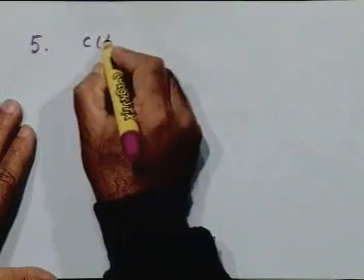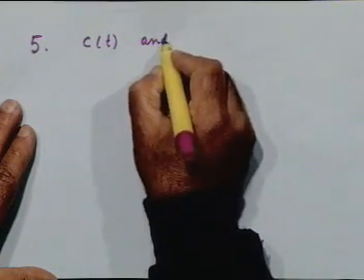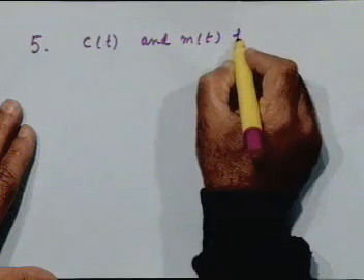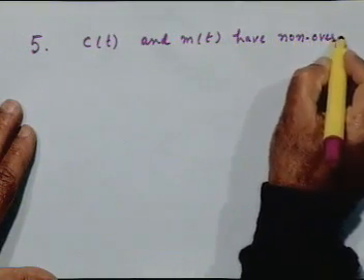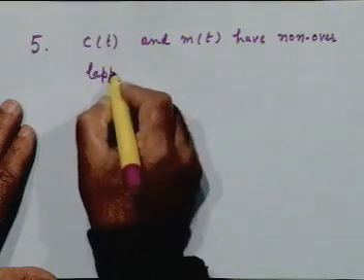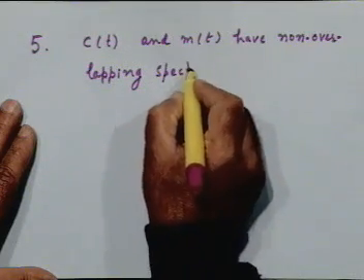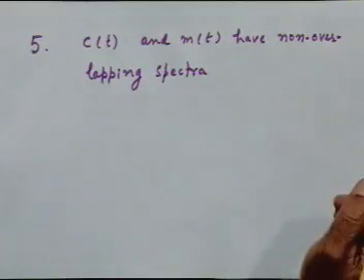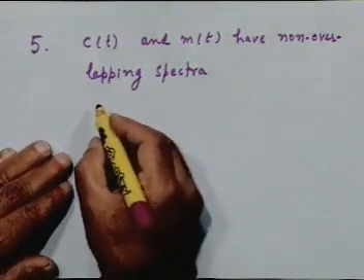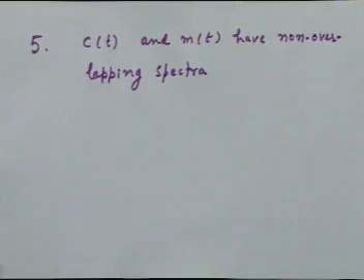But try. Suppose you have two signals, I'll call them c(t) and m(t), and they have what we say non-overlapping spectra. That is, in the frequency domain they don't overlap. Since they are non-overlapping, one of them will contain lower frequency components, the other higher frequency components, right?